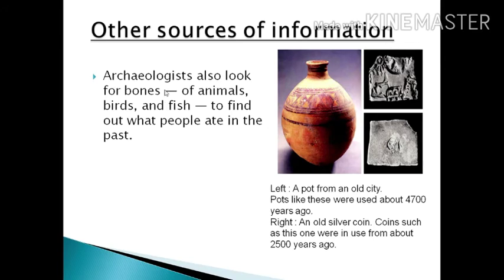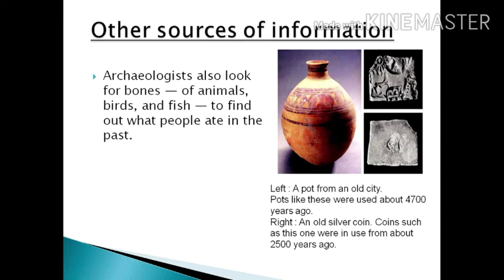Archaeologists also look for bones of animals, birds, and fish to find out what people ate in the past. As we all know, those people were hunter-gatherers, so archaeologists find out about the food of the ancient people as well.